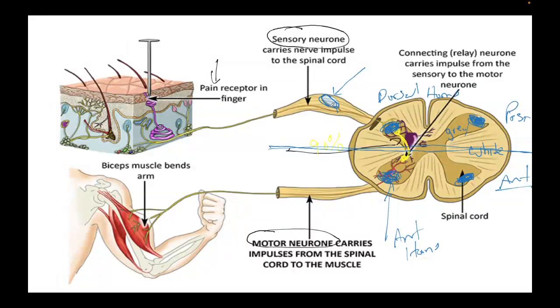And all a ganglia is a cluster or a group of nerve cell bodies that are located in the peripheral neural system. If you have a group of nerve cell bodies clustered together in the peripheral neural system, we call that a ganglia. Okay, so this is actually called a dorsal root ganglia.